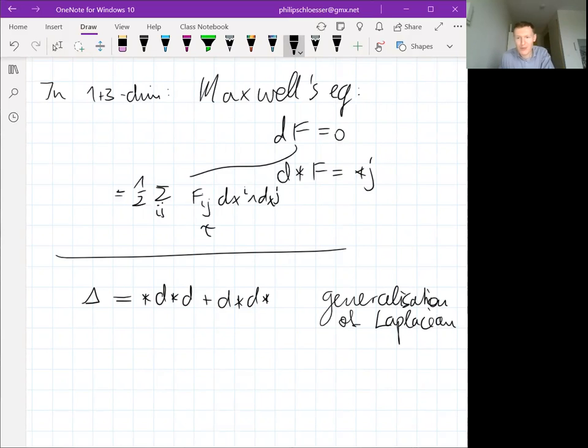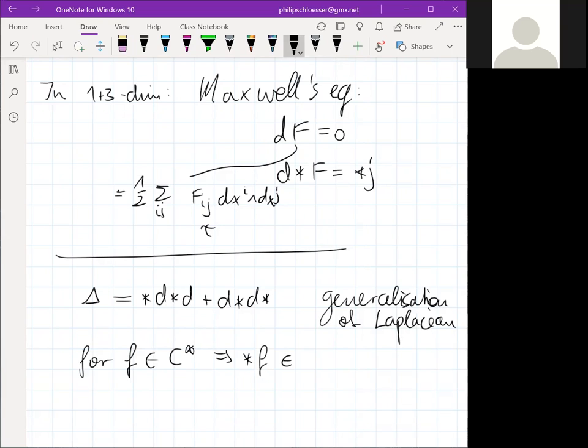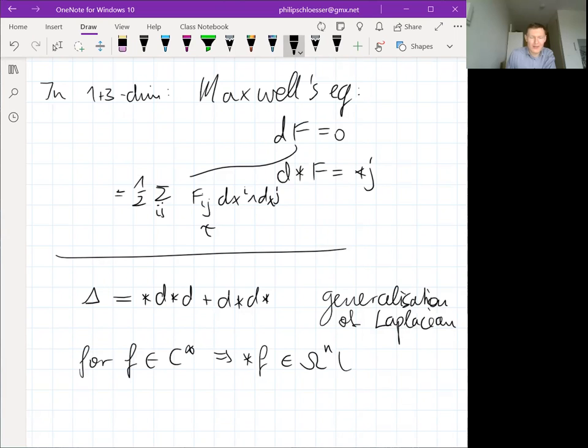And well, if we're acting on zero forms, for f in C infinity, we have star f lies in omega n.